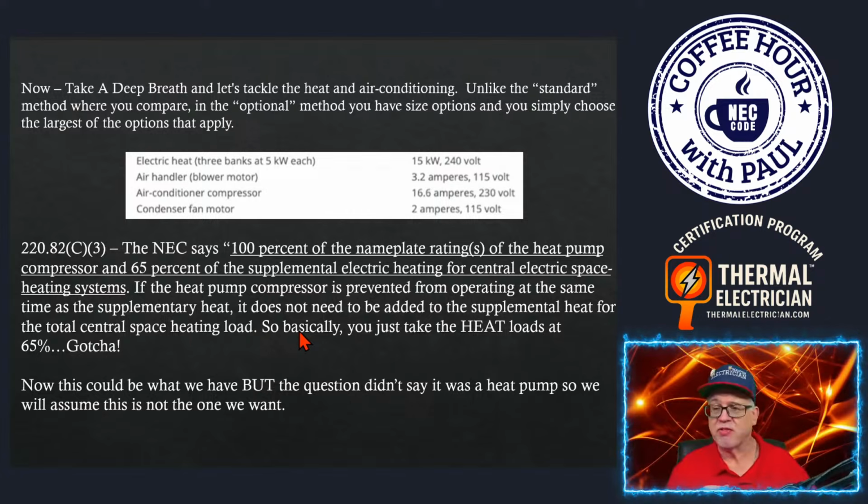So I can just take the supplemental heat value if, when that comes on, the outdoor compressor doesn't come on.